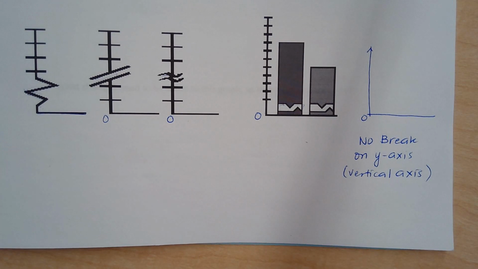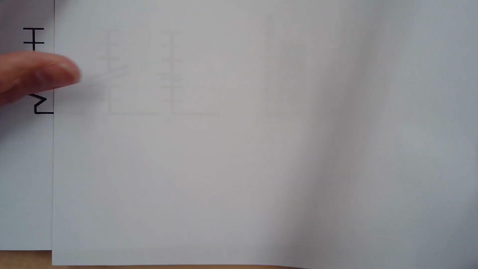Okay, so I'll show you what that looks like on a piece of paper. So what's happening is this. I'll show you on a piece of paper. Just gonna hand draw this.